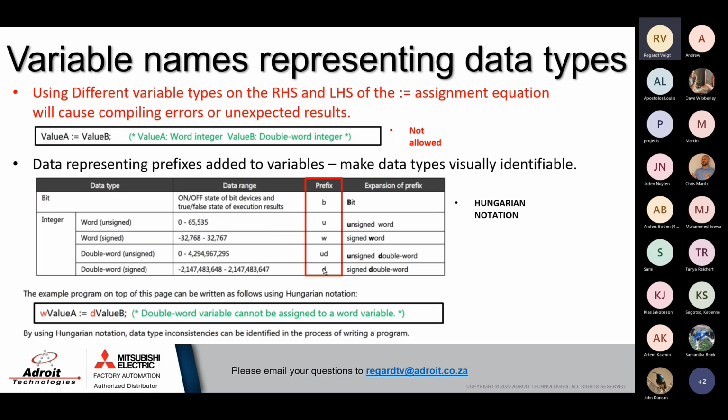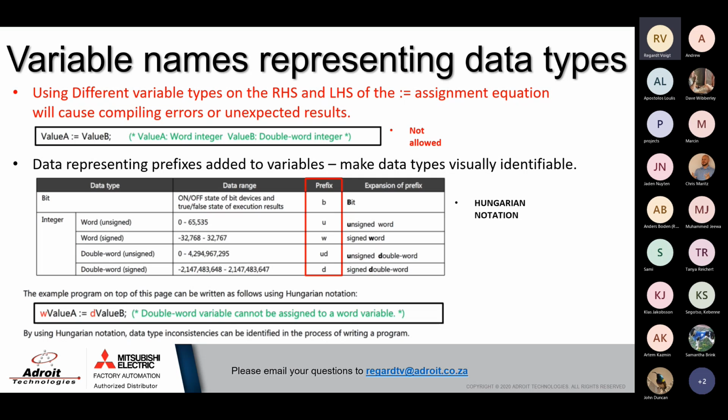So it would be the addition of prefixes to your variables, like B for bits, U for unsigned words, W for signed words. As we saw on the previous slide, the difference between these two would be the inclusion of the negative values.